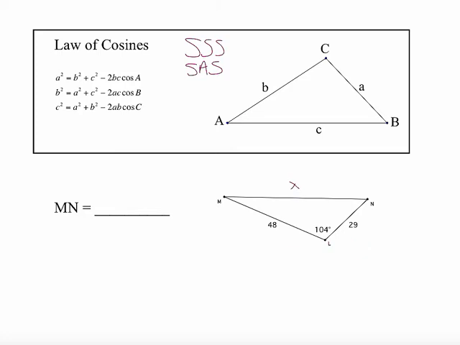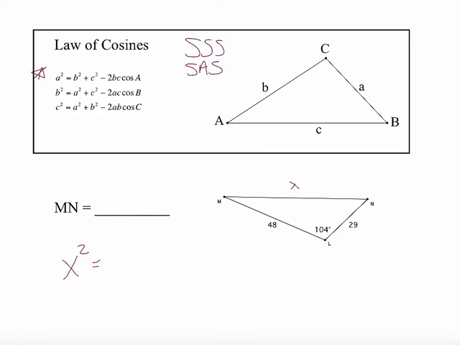So let's start with what we're trying to find. We're trying to find a side x. If you look at the law of cosines, a squared, b squared, c squared, those all represent the sides of the triangle. And the capital letters A, B, and C represent the angles. So since we're looking for a side, I'm going to use that first formula that says the side squared should equal b squared.